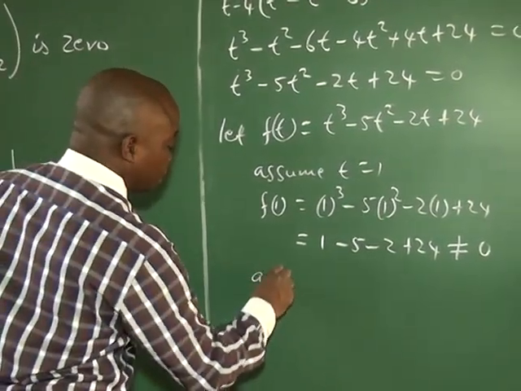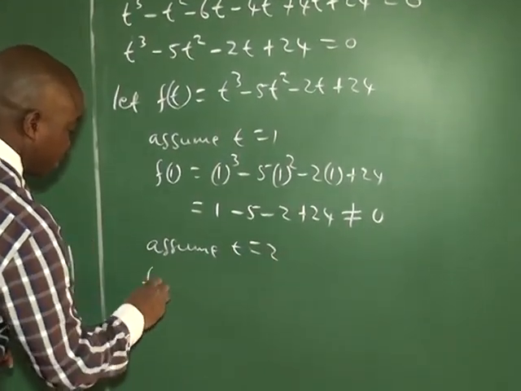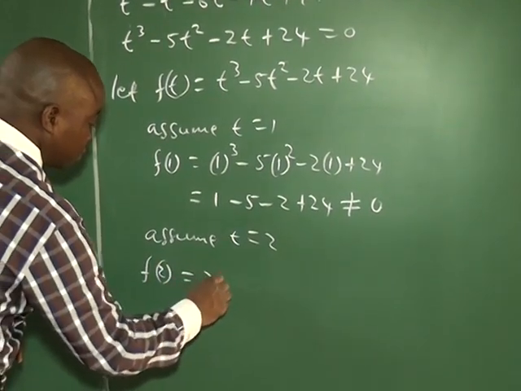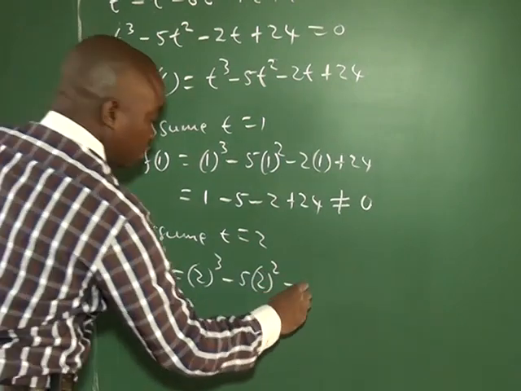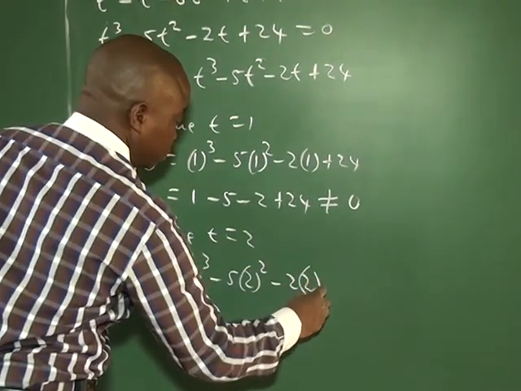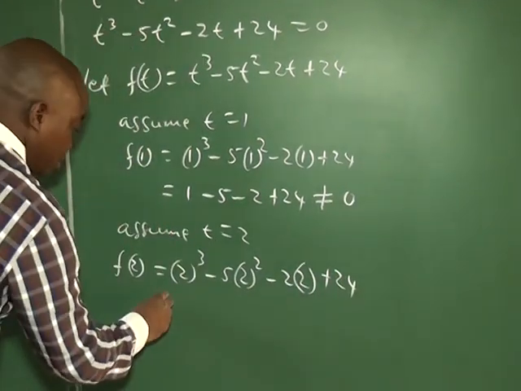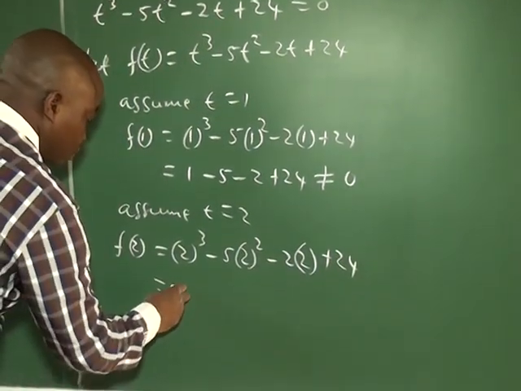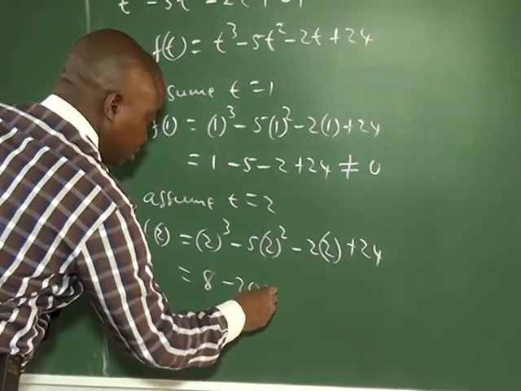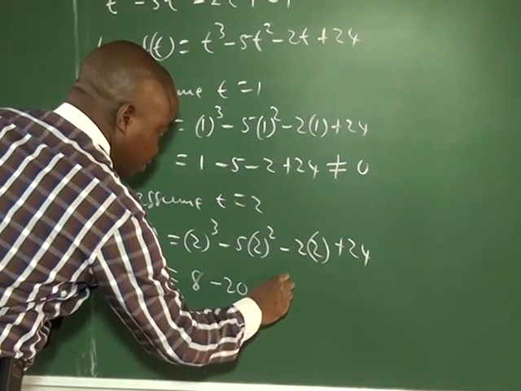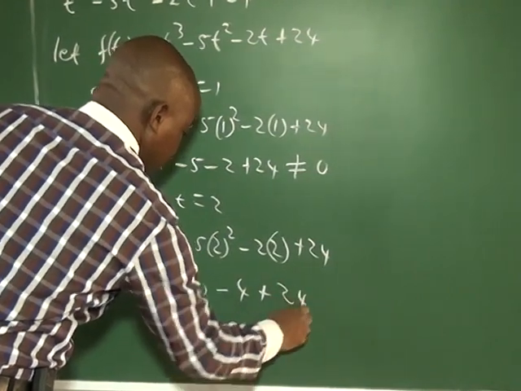Okay, I have to also assume t equal to 2. f of 2 will be equal to 2 cube minus 5 times 2 square minus 2 times 2 plus 24. Here we'll have 8 minus 20 minus 4 plus 24.